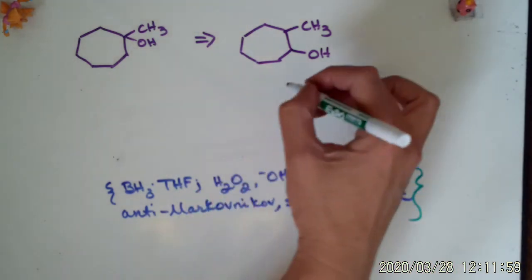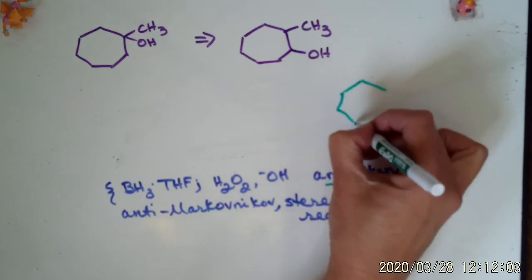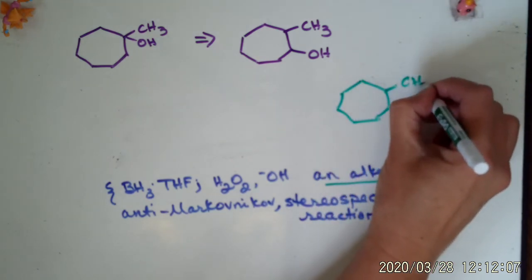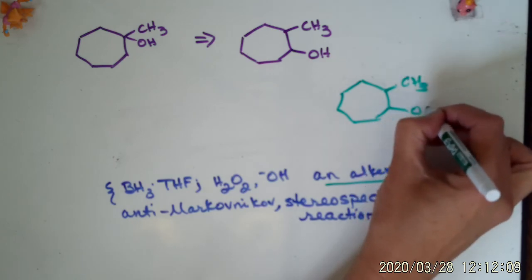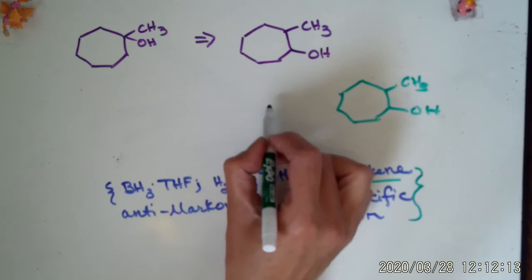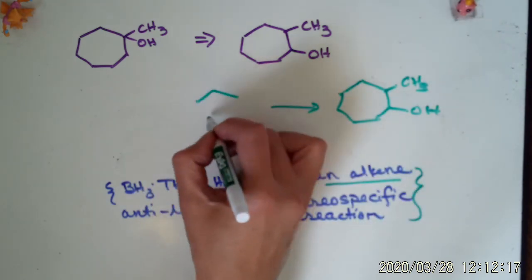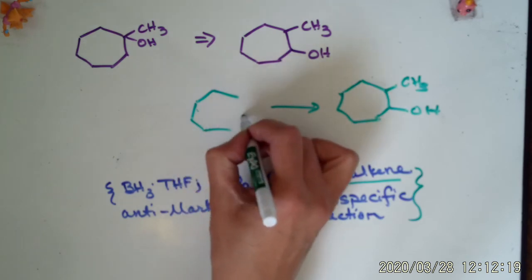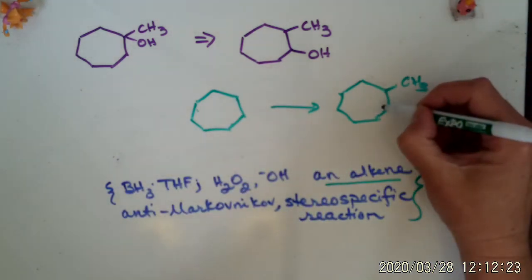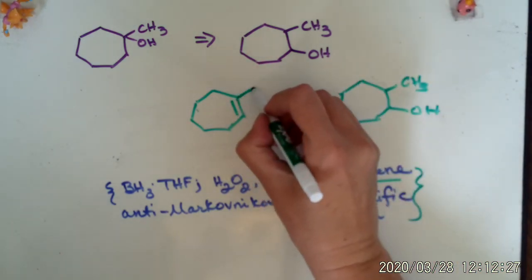So if we work backwards, one, two, three, four, 5, 6, 7. We need an alkene, right here. Put my methyl group there.